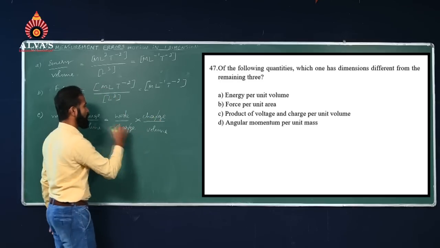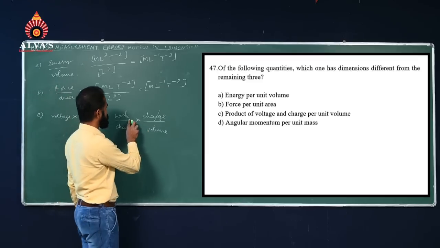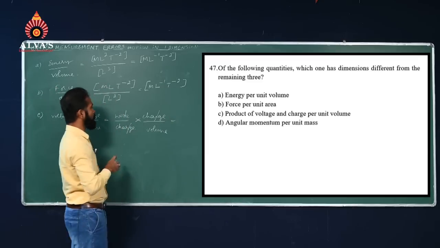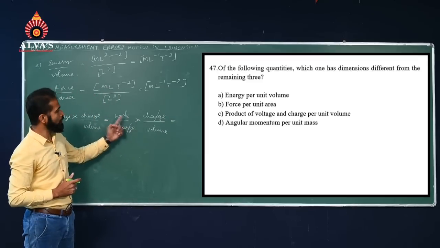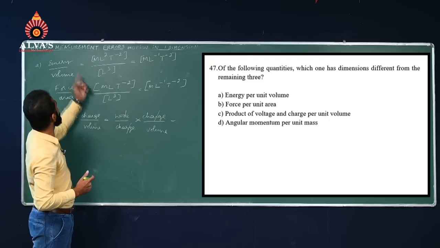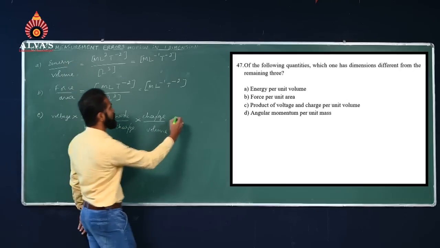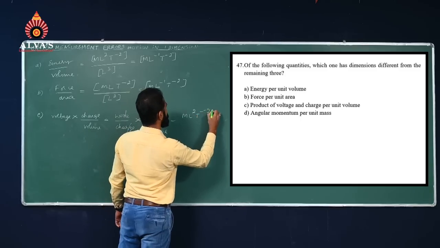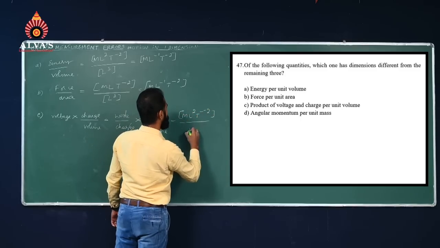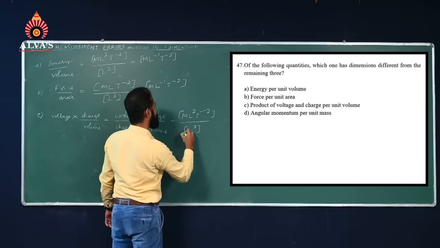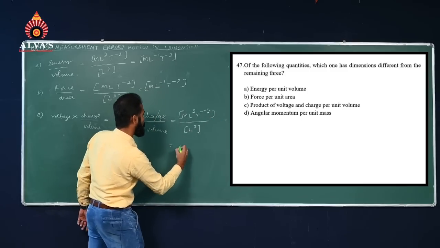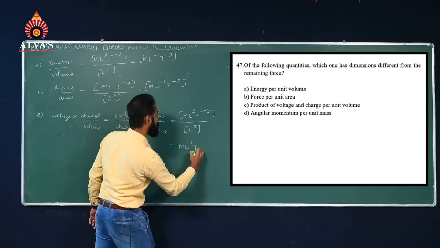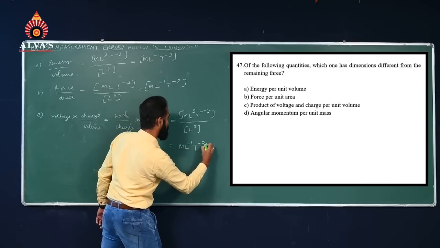Charge is going to cancel. So the unit must be only for work and volume. Work and energy both have the same dimensions. So we have M L^2 T^-2 divided by volume, which is L^3. Finally we end up with M L^-1 T^-2.